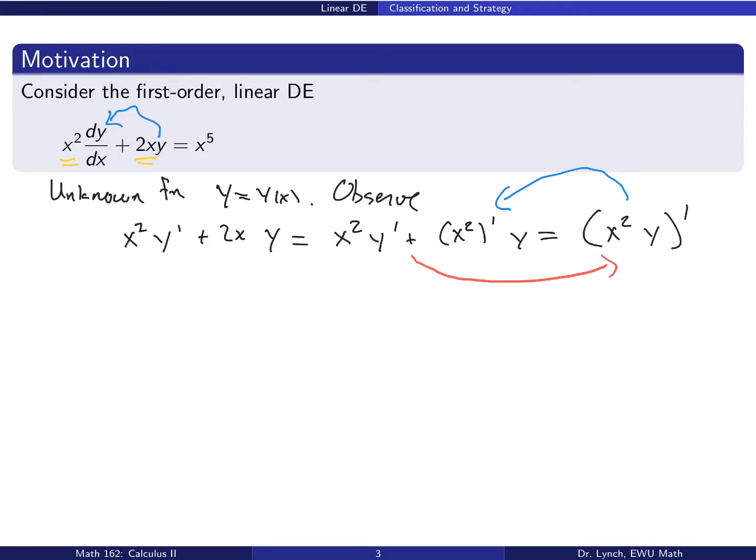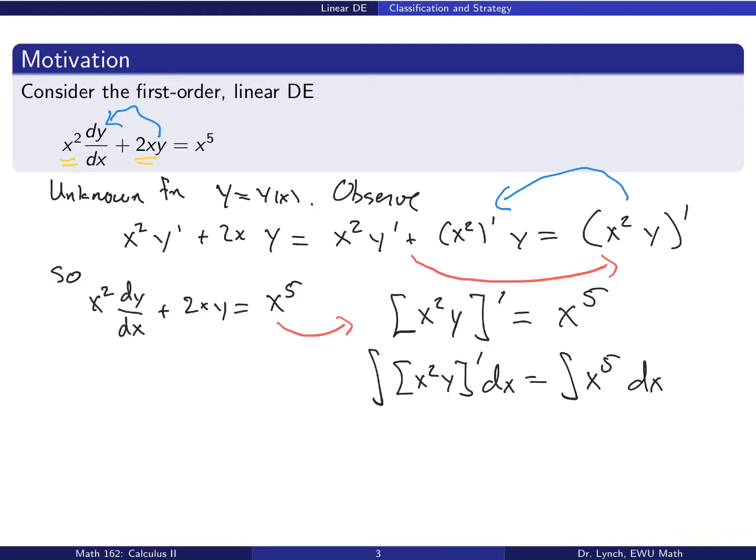formal product. Okay, so I'll use this undoing of the product rule, or recollecting those terms, to express our differential equation in a condensed form. So here I've rewritten our differential equation using that product rule above as (x squared y) prime equals x to the fifth.